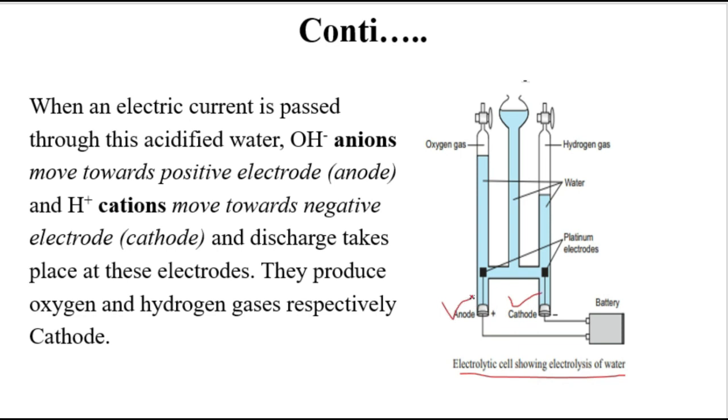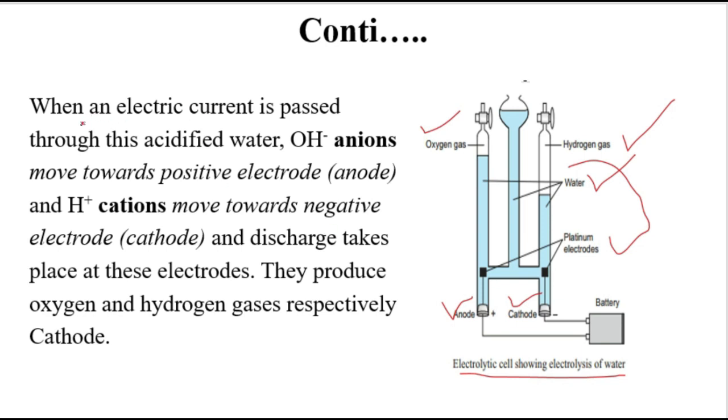I have already made clear that if the anode has positive charge and cathode has negative charge, it means it's an electrolytic cell. We have connected a battery, and platinum electrodes are the cathode and anode. In this context, we see water, and hydrogen gas will be evolved and oxygen gas will be evolved.